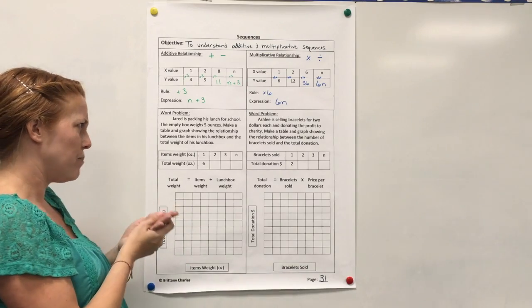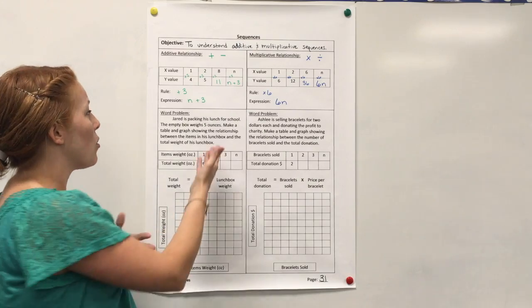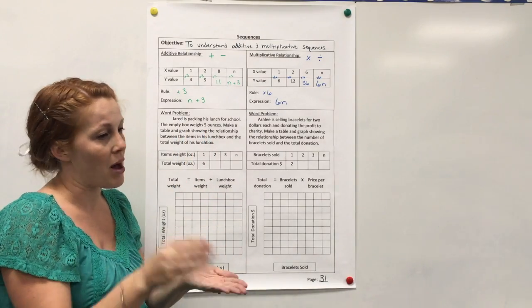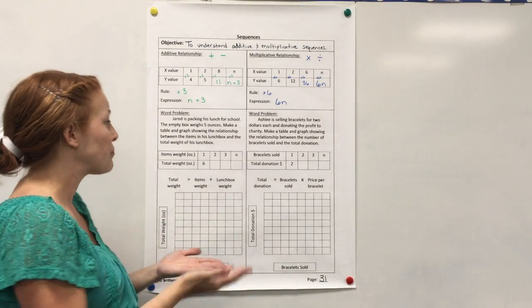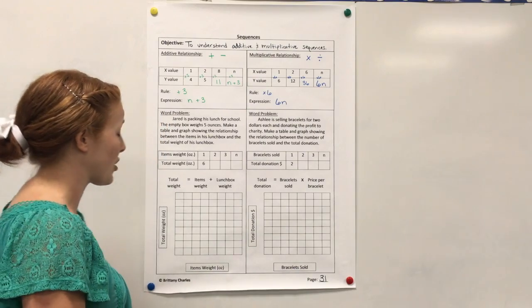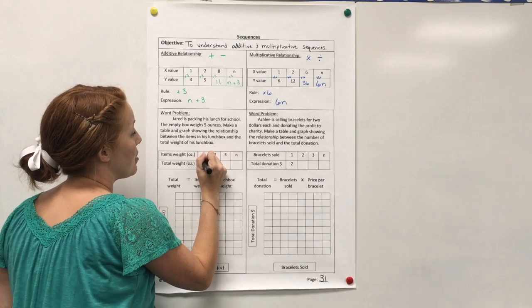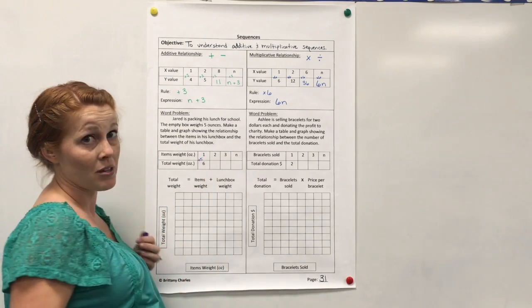Well, what are we doing here? Are we adding 5? Are we multiplying by 6? Well, because his empty box weighs 5 ounces, that means no matter what we put inside the box, we're going to have to add 5 ounces to it for the weight of the box. So this would actually be an additive relationship because we did plus 5 to get here. So I need to continue that pattern.